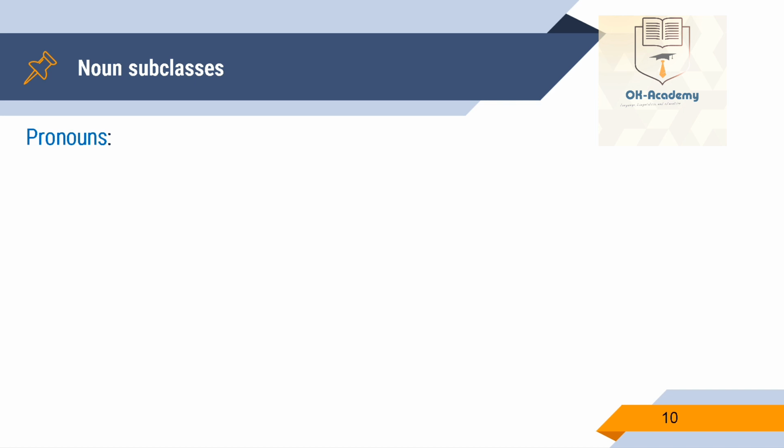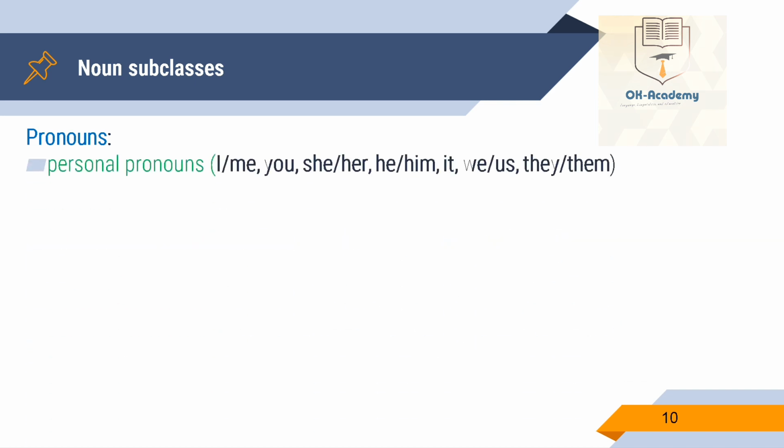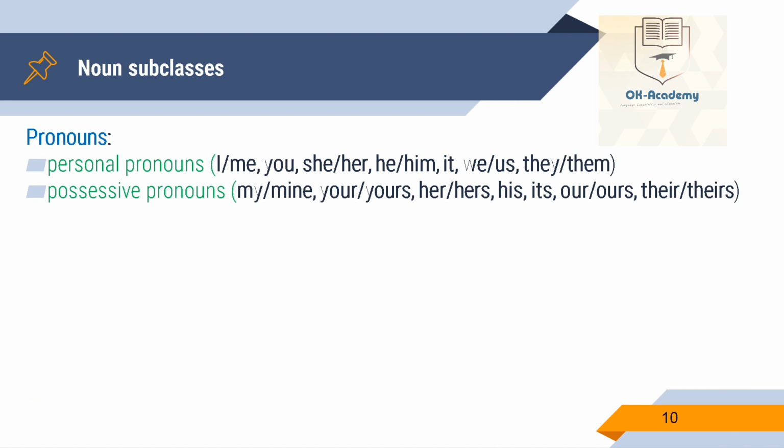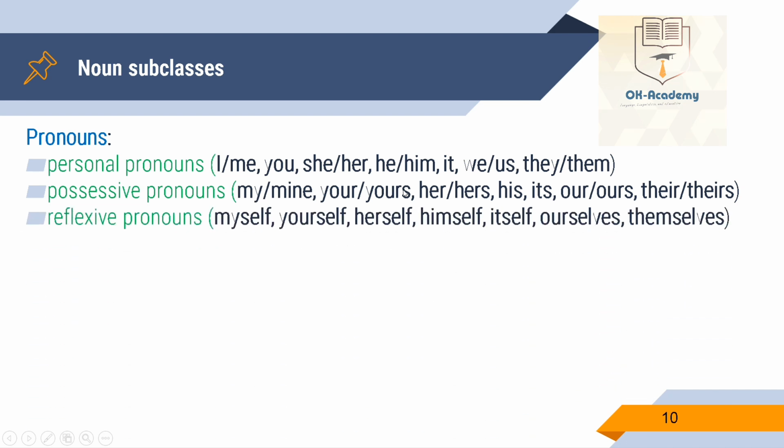Good. In this slide, I want to talk about pronouns. We have many types of pronouns. Personal pronouns, like subject and object pronouns: I, you, we, they, he, she, it, me, her, him, us, them, and so on. Then we have possessive pronouns like my, mine, and so on.